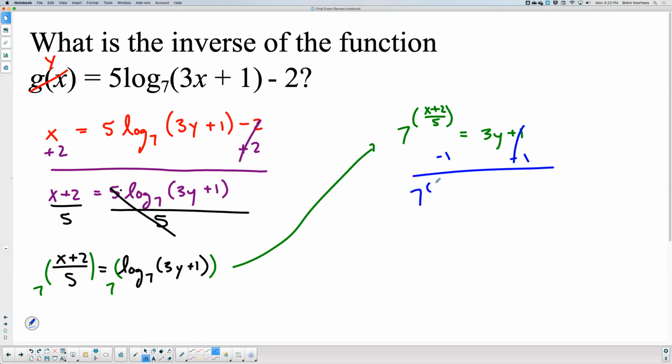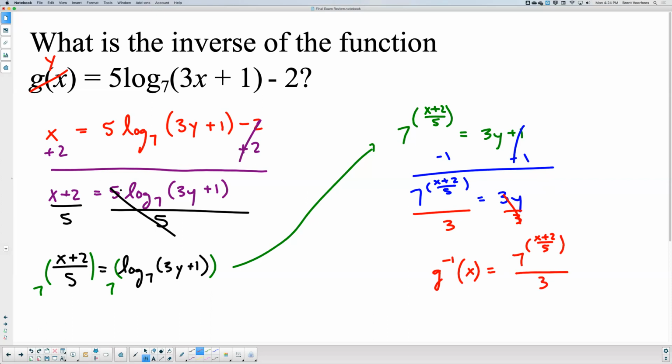So 7 to the power of (x plus 2) over 5 equals 3y, and then finally I divide by 3. And once again, I cannot divide only the 7 because of PEMDAS. And this is a g, so I'm going to call it g negative 1. The inverse of g is going to equal 7 raised to the power of (x plus 2) over 5, all divided by 3. There's my equation right there.